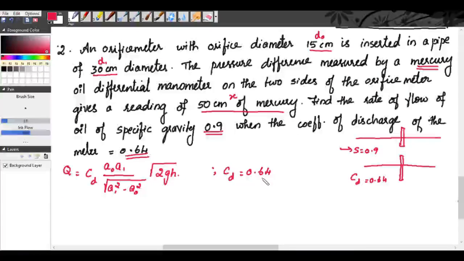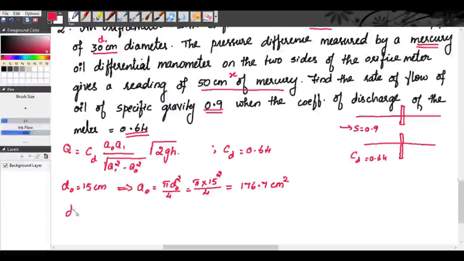We will find AO. DO is given as 15 centimeter. From this our AO is equal to pi DO square by 4. So pi into 15 square divided by 4, we get 176.7 centimeter square.